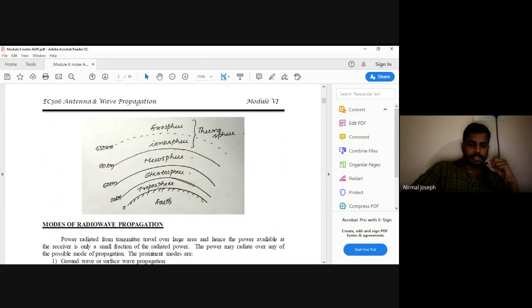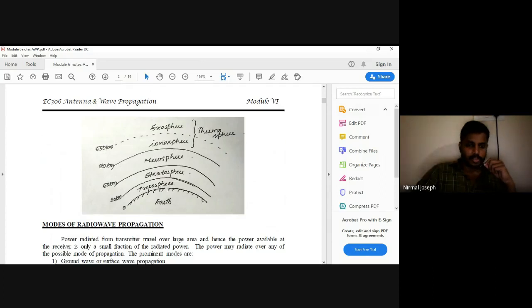Up to the troposphere only, our human activities are limited. Mount Everest, the highest point on Earth, is 8,800 meters or 8.8 kilometers, well within the range of the troposphere.